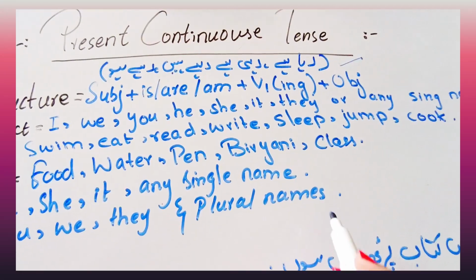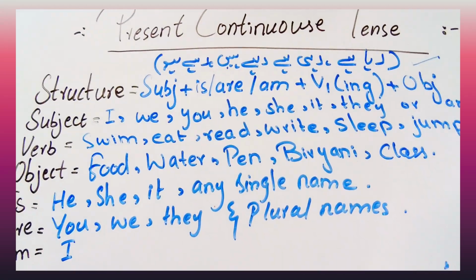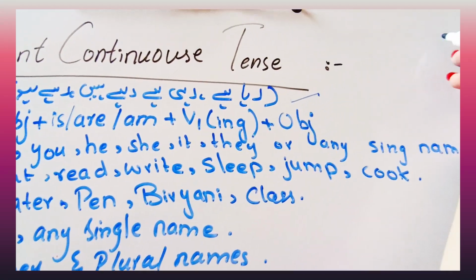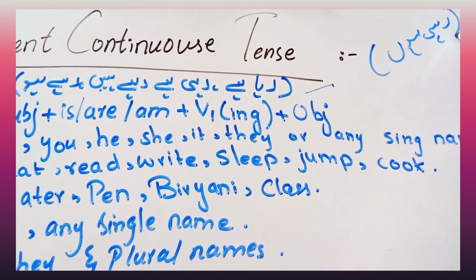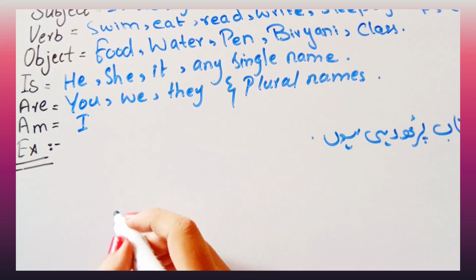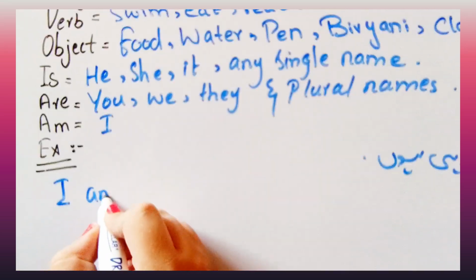As you can see, I said the Urdu recognition रही हूँ. It can be any like this, रही हूँ. So मैं किताब पढ़ रही हूँ. I am.